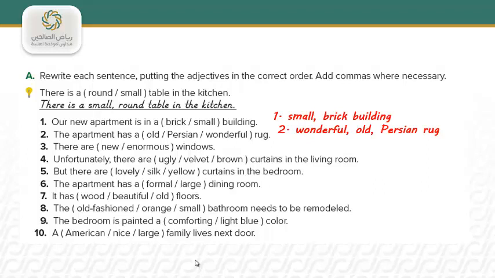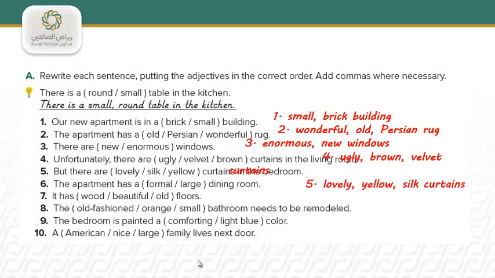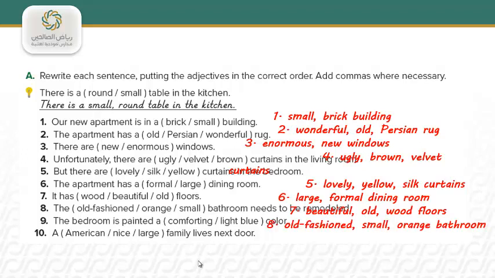Small brick building, wonderful old Persian rug, enormous new windows, ugly brown velvet curtains, and so on. So, all in all, in one sentence, more than one adjective should be put according to a certain order.